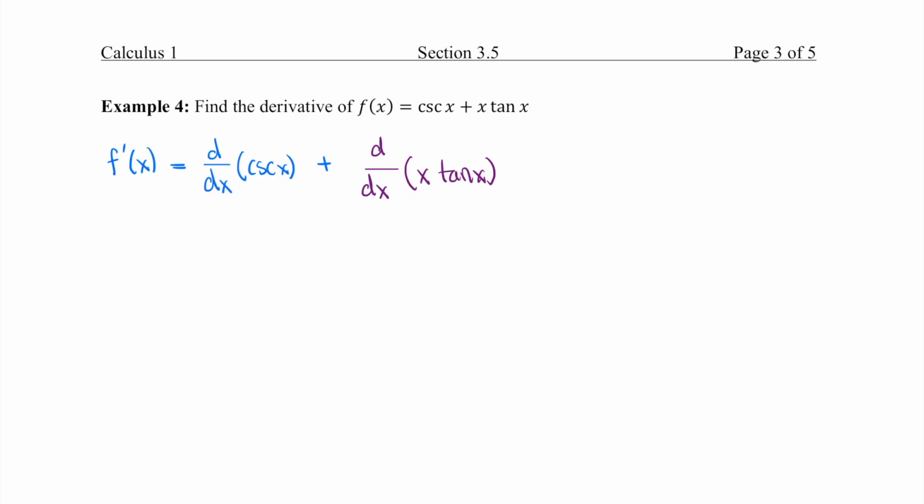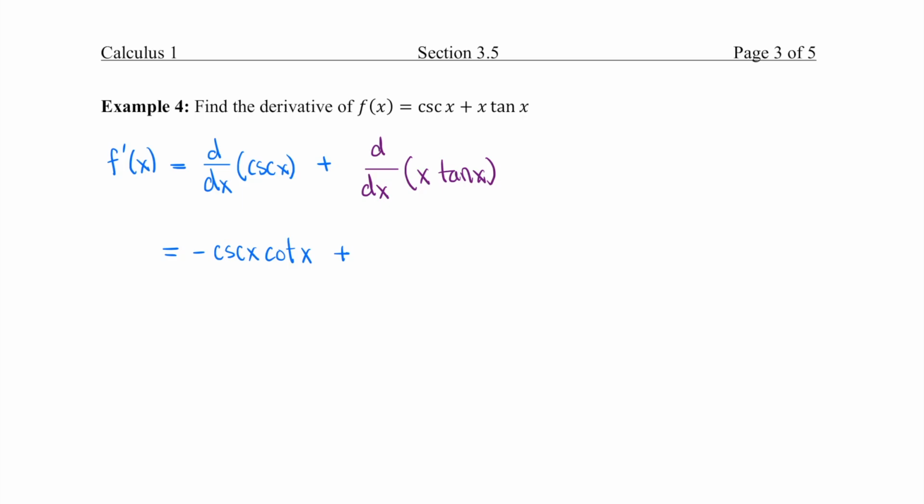Now, we differentiate each part. First, the derivative of cosecant x is negative cosecant x cotangent x. To differentiate the second term, we have a product of x times tangent x, so we use the product rule.